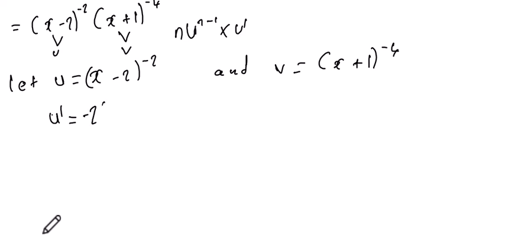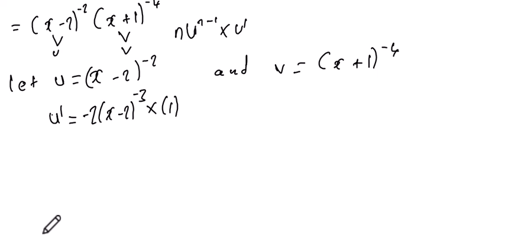So we're going to have x minus 2 to the power negative 3, since negative 2 minus 1 is negative 3, multiplied by our u prime, which is just 1 when you differentiate this function.